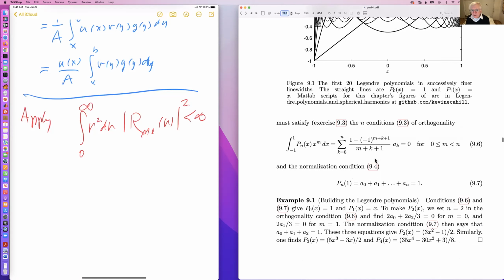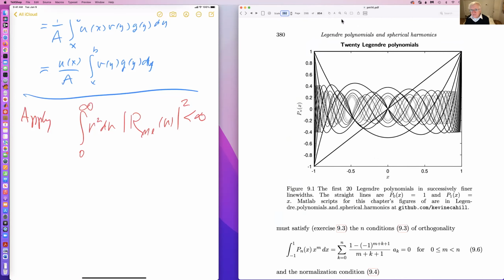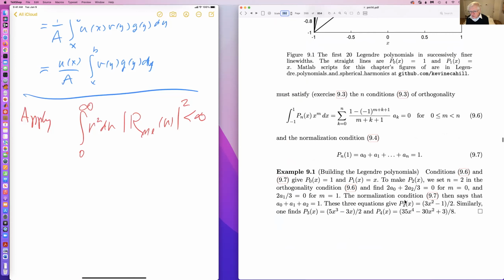Anyway, P0 is just the number 1. P1 is just x. And then P2 is 3x squared minus 1 over 2. That's the thing that we got as a solution of Legendre's equation for L equals 2 using MATLAB.